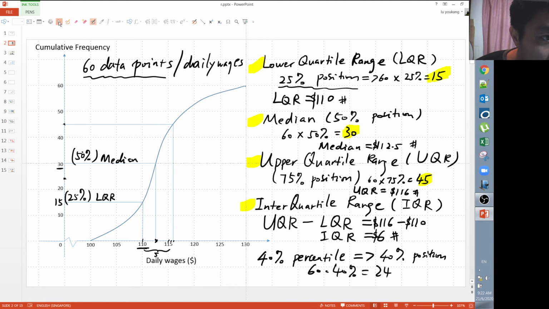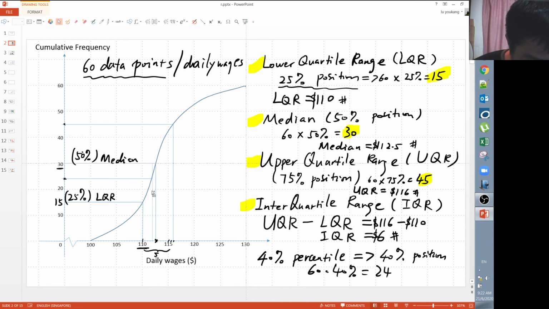Alright, so what you do is bring down, use a ruler. Okay, so now I'm bringing down this line. Okay, and yeah, this is 24. And what I do next is read this off the horizontal axis. How do I do it?